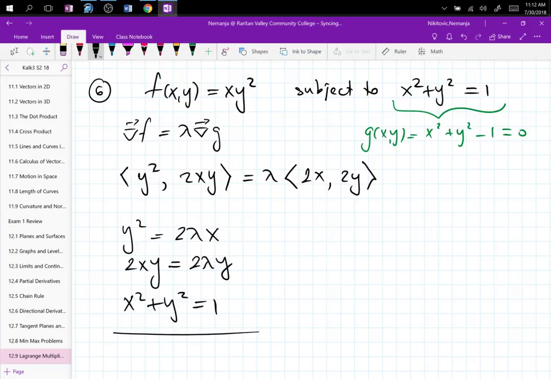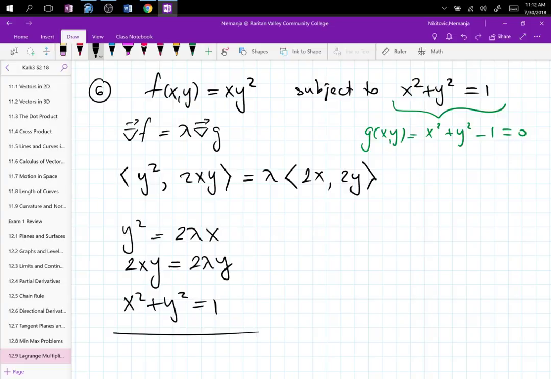So here's your nonlinear system that is to be solved. And in this nonlinear system, you are deciding which way you want to do stuff. Do you want elimination? Do you want substitution? Can you replace something so it's easier?